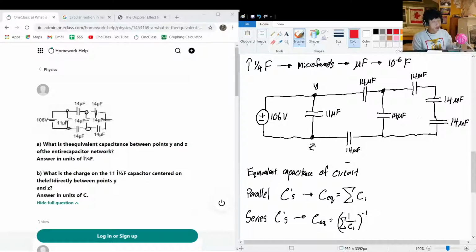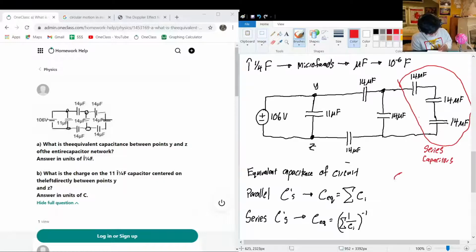So to start this off, let's identify sections that we could simplify rather easily first. Here we have these 3 series capacitors. Let's call the CEQ, CEQ1. This will be equal to, well, they're all the same, they're all 14. So it's going to be 3 multiplied by 1 over 14 microfarads, to the power of -1.